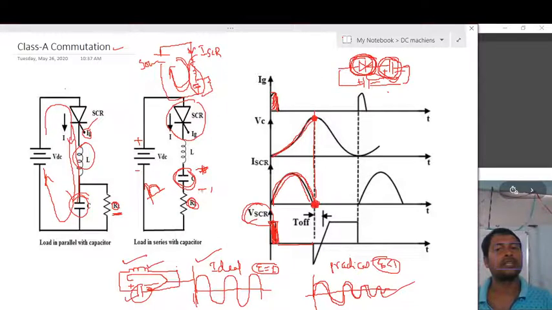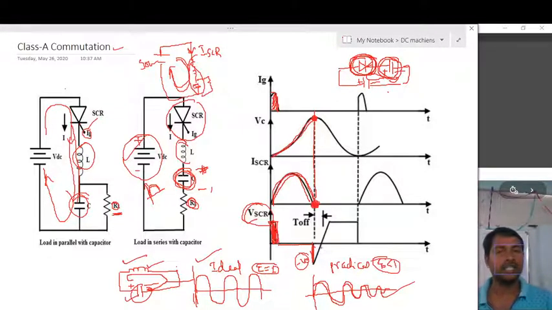At this point, the voltage across the capacitor will be reverse to the SCR, which is greater than the supply voltage, because the sum of the capacitor voltage and inductor voltage will be greater than the supply voltage. That is nothing but a reverse voltage, that is, a negative voltage is applied.